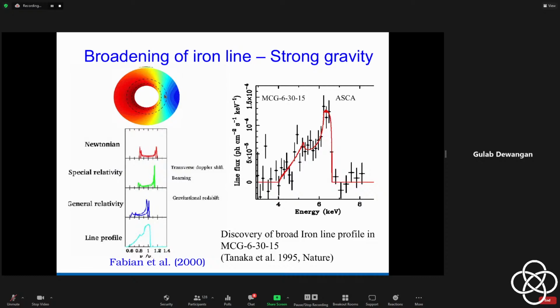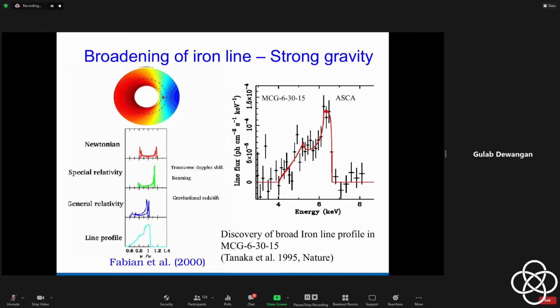Now, if you apply special relativity, and imagine the disk is rotating in the clockwise direction, then on the right hand side the disk is actually approaching towards us, while the left hand side is moving away from us.